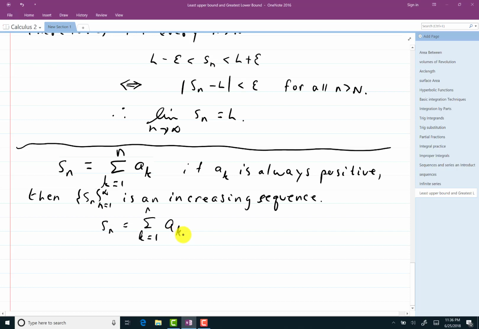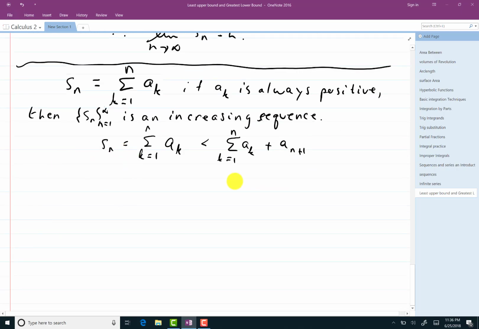Well, since all of the a sub k's are positive, this is less than itself plus a sub n plus 1. I don't know what a sub n plus 1 is. All I know is it's positive. And that there equals S sub n plus 1. So the sequence is increasing.